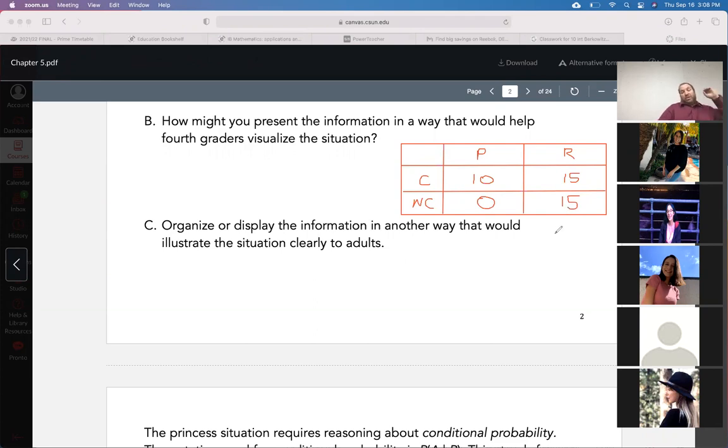So because I know that I saw a crown, I can ignore this whole row. It's irrelevant for this problem. And the only ones that matter are the first row, where there's more likely to be a regular lady than there is to be a princess, because it occurs 15 times versus 10 times. Does that make sense?